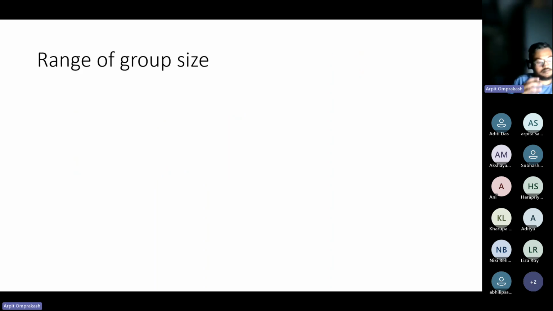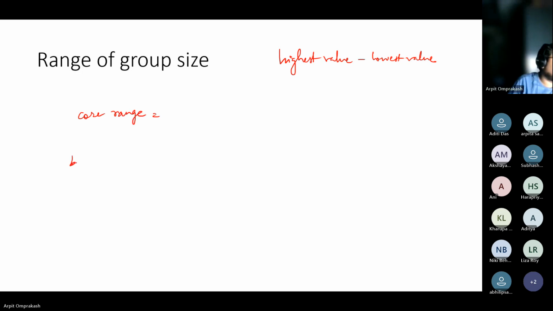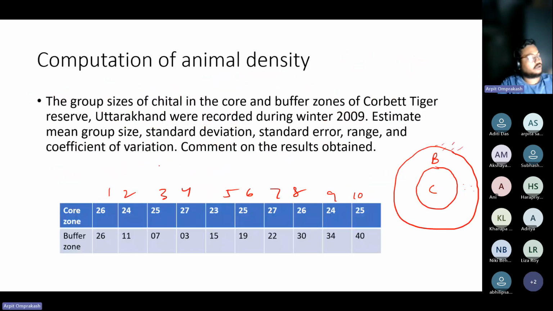Range is basically the highest value minus the lowest value. Right. So for the case of core, the highest value we have here is 27, and the lowest value that we have is 23.